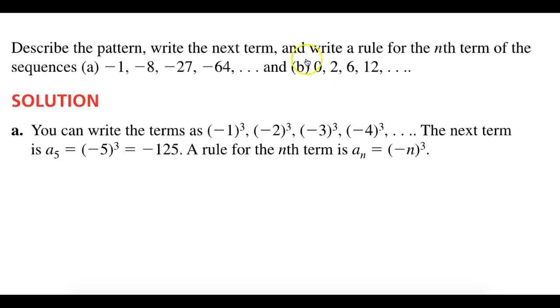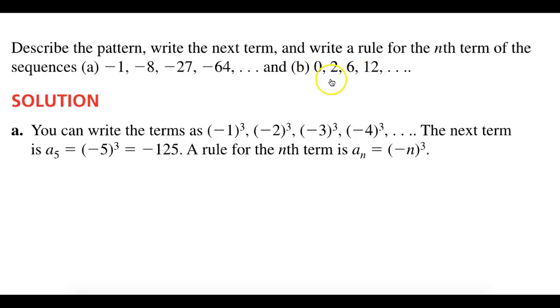First, we want to see if we can spot simple patterns, like if they're adding a common difference, if they're multiplying by the same value, or if they've got an exponent. Whereas in our first part they were all cubes, this one doesn't have that. They're not all squares or cubes or anything like that.